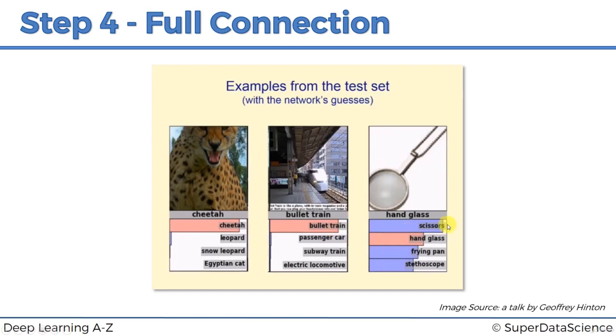Here, scissors, this one won, but hand glass was very close second, and then frying pan, stethoscope. You can see the output scissors neuron listened to its voters, and it had the predominant vote overall, but then the hand glass had a good outcome as well. So there we go. That's how the full connection works and how this all plays out together.